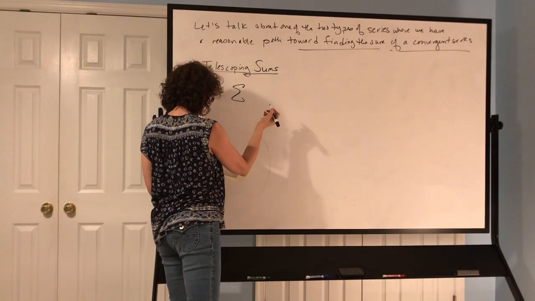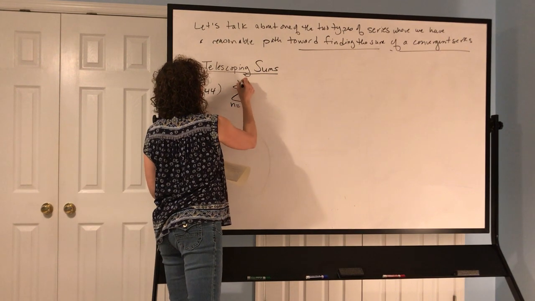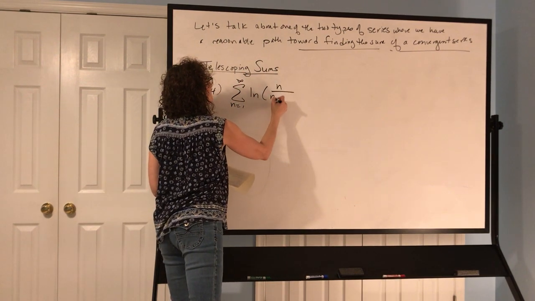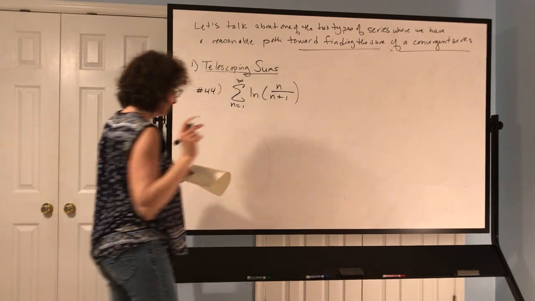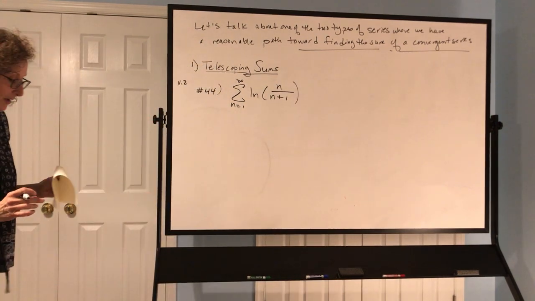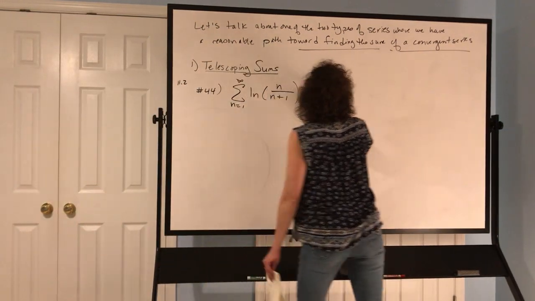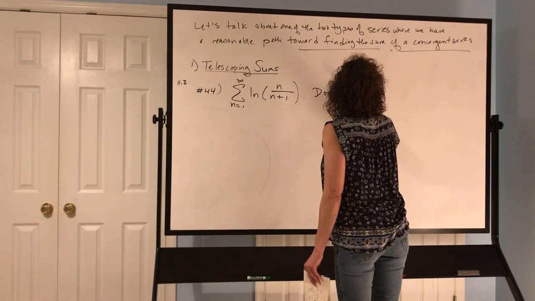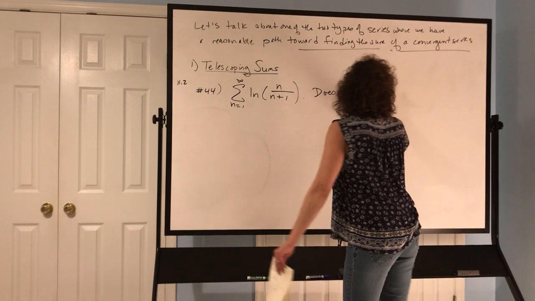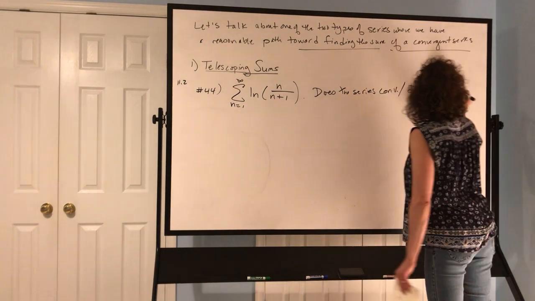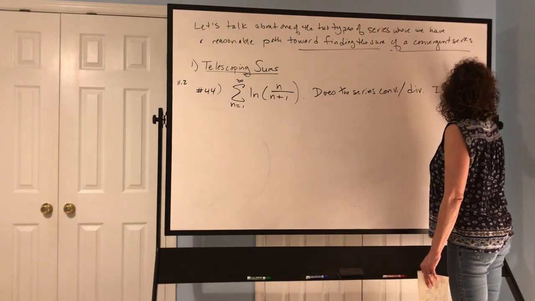Here's the sum, n equals 1 to infinity of the natural log of n over n plus 1. So the question is, does this series converge or diverge? If it converges, find the sum.